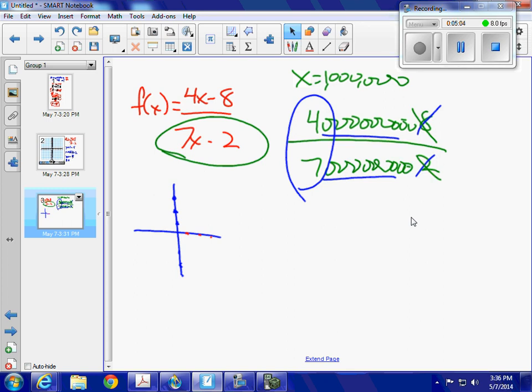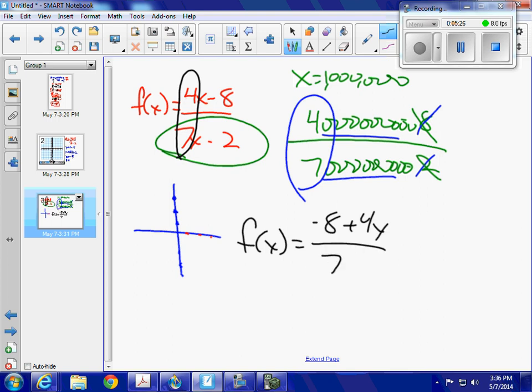So when I'm trying to find the horizontal asymptote, what I'm concerned with is the leading coefficient of my numerator and the leading coefficient of my denominator. Leading coefficient meaning in standard form. So if this equation was written f of x is equal to negative 8 plus 4x over 7x minus 2, my leading coefficient of my numerator is still the 4, because in standard form it's 4x minus 8.